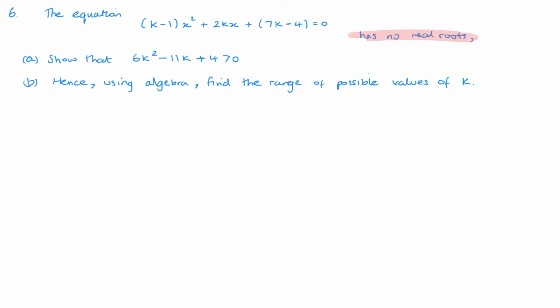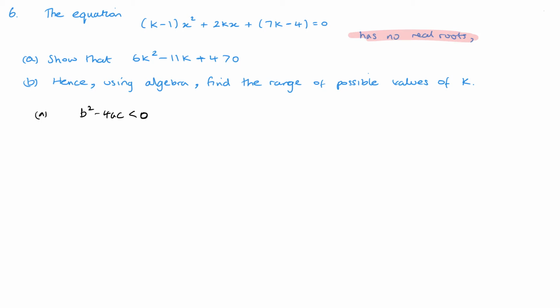So if something has no real roots, my first thought will always be b squared minus 4ac is less than 0. So you see that, and that is what you immediately think. Might not always be the case, but 9 times out of 10, that is what you think, and that is what you're going to use.